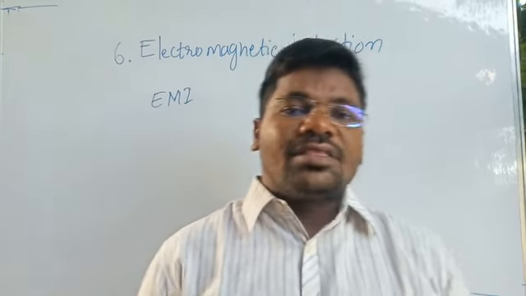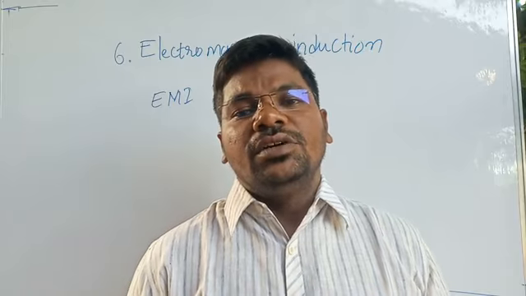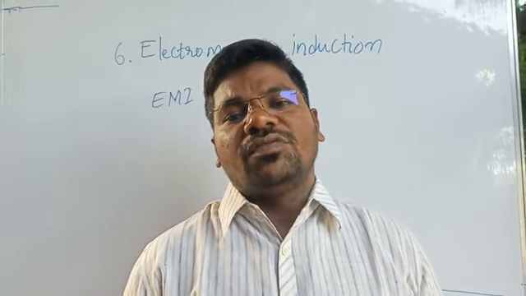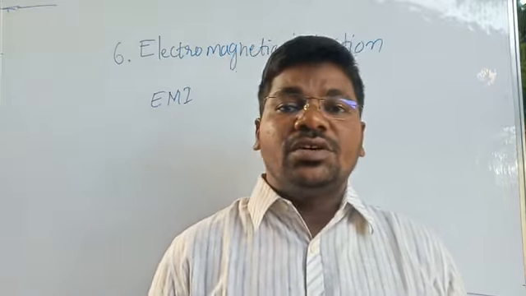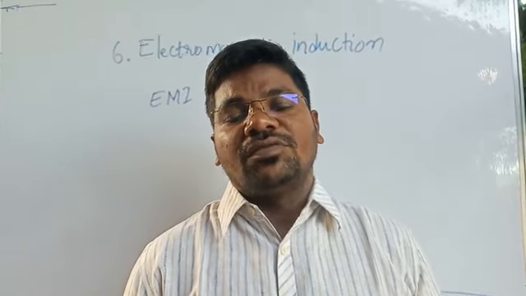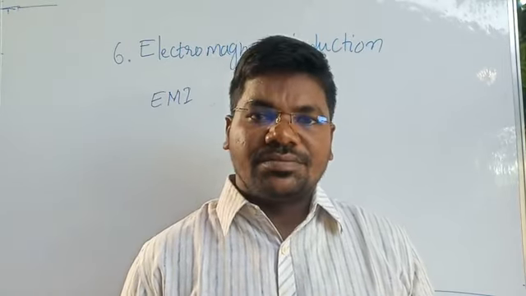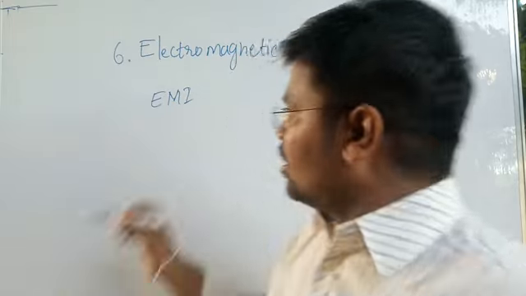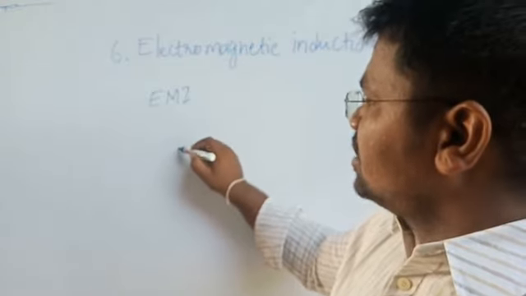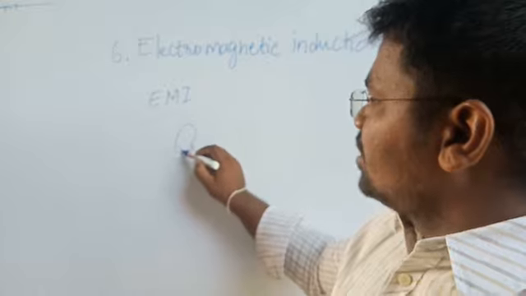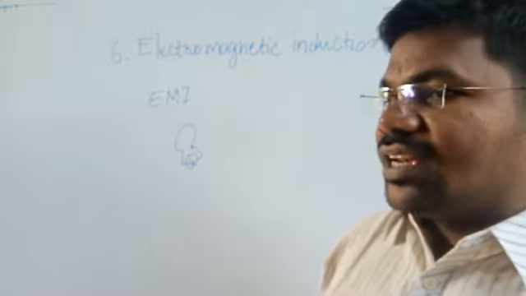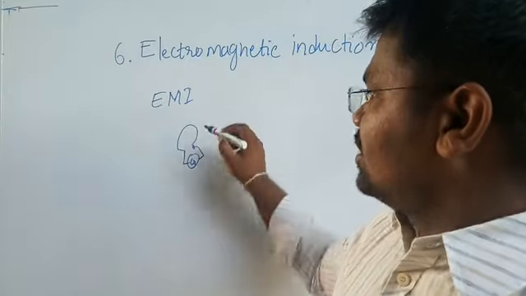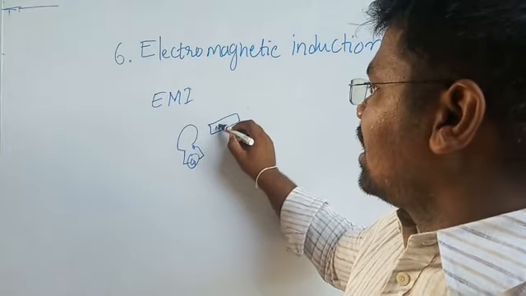The induced current is due to the relative motion of a magnet. See here, the definition of EMI: consider a coil with a galvanometer. The galvanometer is used to detect small current. Consider a magnet, north and south.